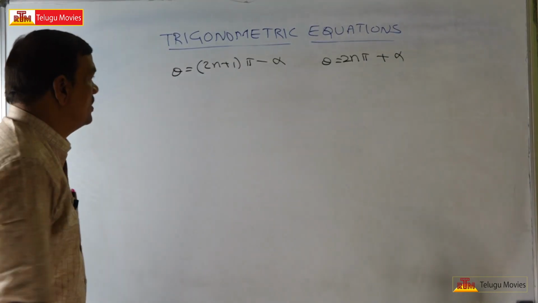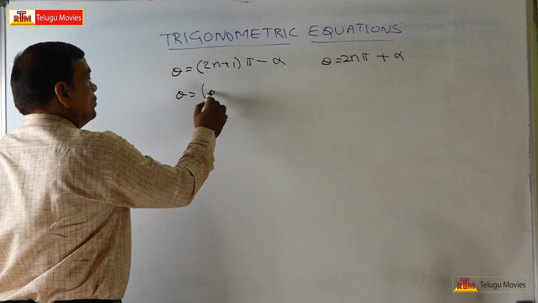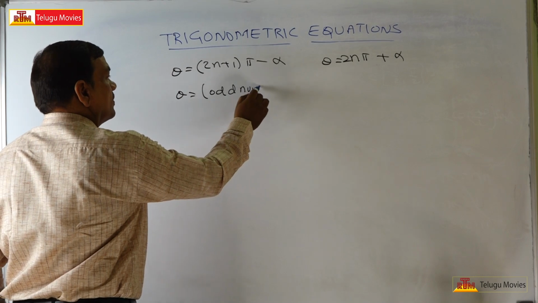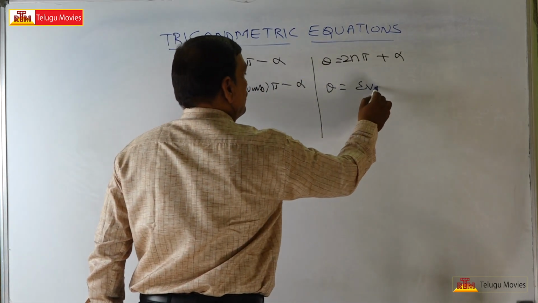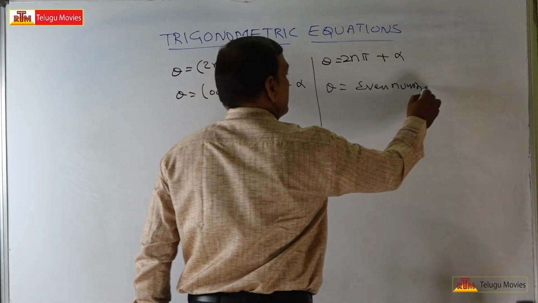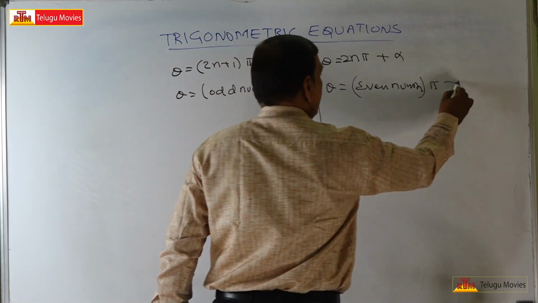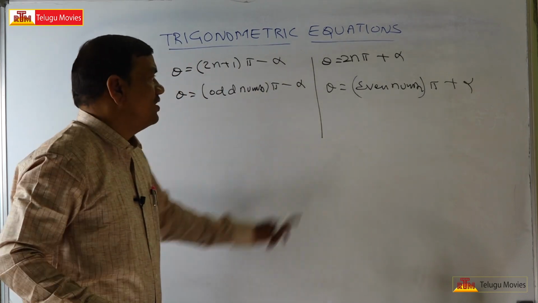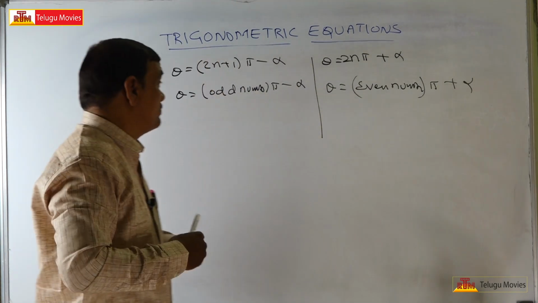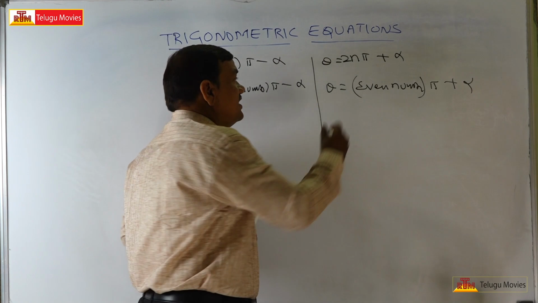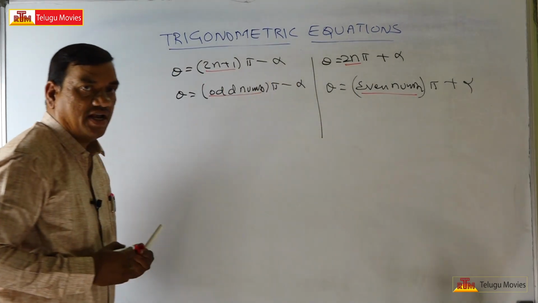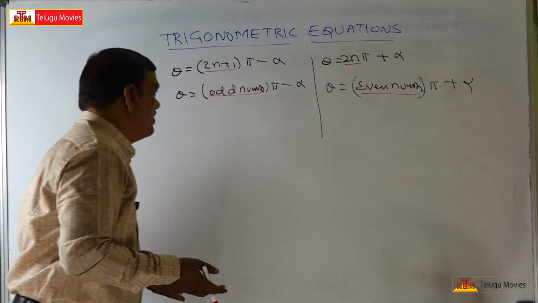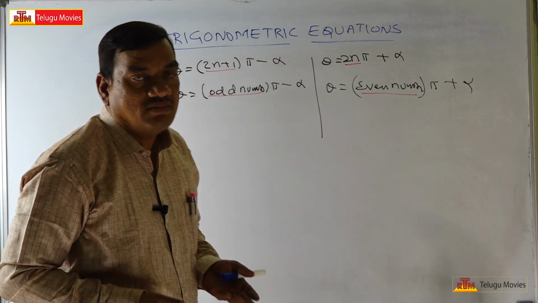That means theta is equal to an odd number into pi minus alpha, and theta is equal to an even number into pi plus alpha. 2n plus 1 is an odd number, 2n is an even number.